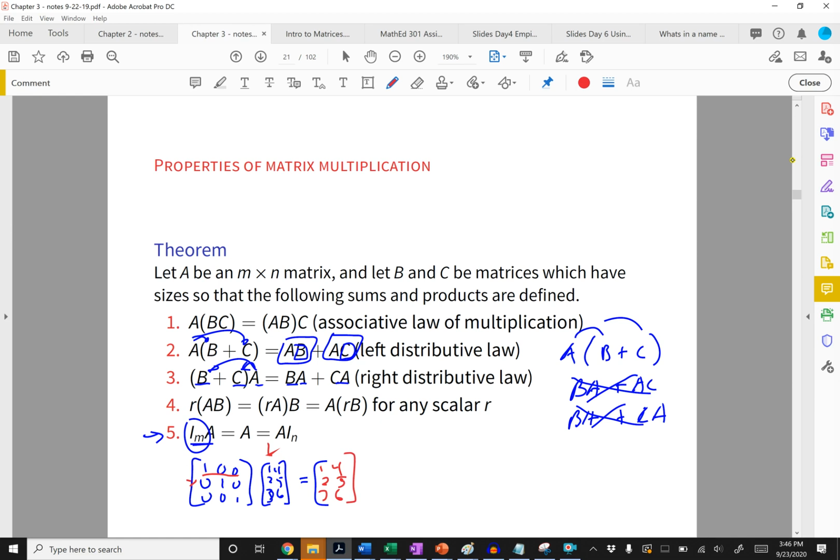You keep going and you get the same matrix. But if I'm multiplying on the right side by an identity matrix, what I want to multiply by is a 2 by 2 matrix.